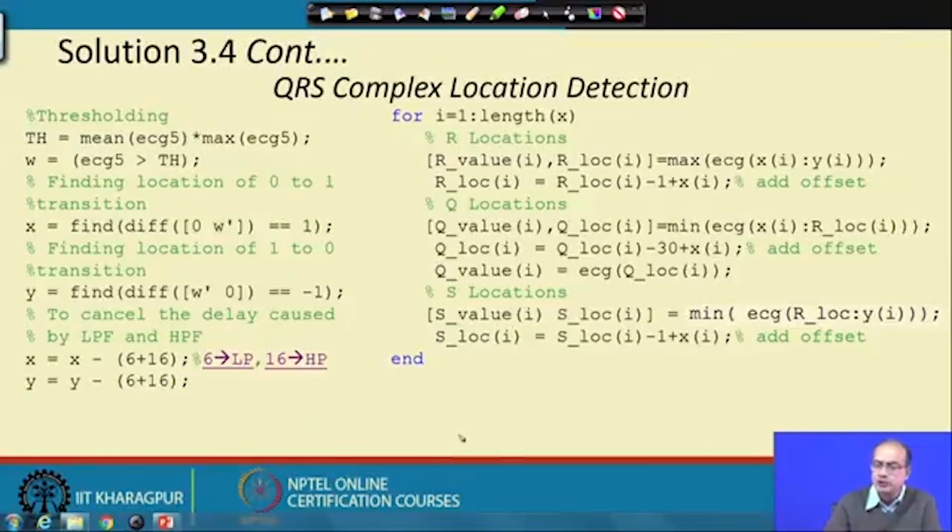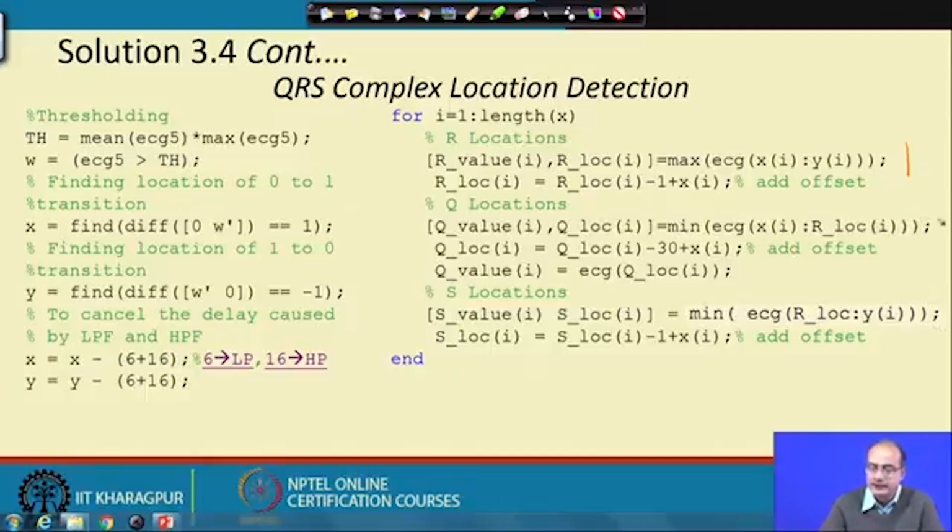And next we look for the maximum point between the 2 points x and y, which gives us the R. If we go a little backward from the R point, we look at the location of the R and the minimum point where it started, that is xi.